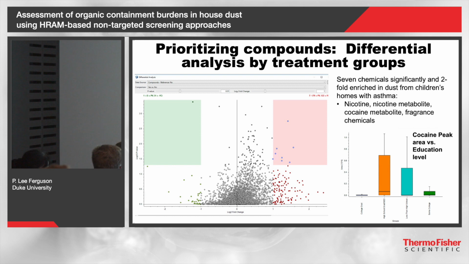Less than high school, okay, they also have a fair bit of cocaine. And if you have only had some college, I guess you still have some cocaine. So it's interesting what you can mine in this data, and you can learn quite a bit about what people do from their house dust. We found things like fungicides that are used for athlete's foot, so we know who has athlete's foot and who doesn't. We know who uses cocaine and who doesn't in their homes.